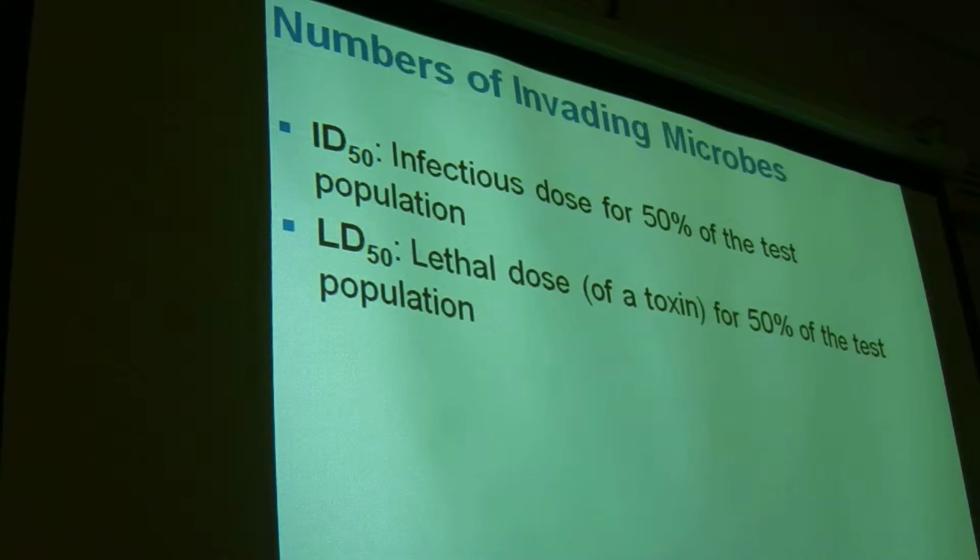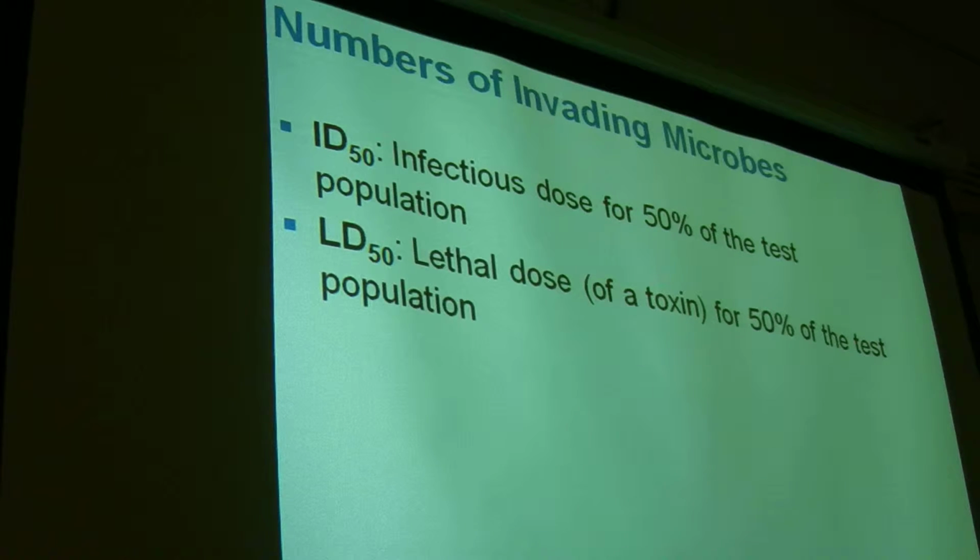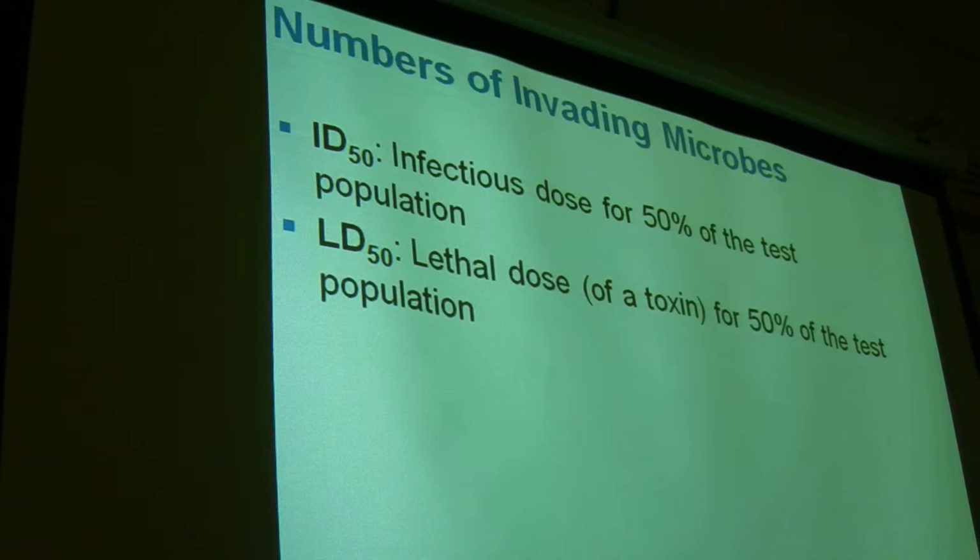So it's usually a concentration of a toxin or a number of cells. LD50 is the same, but instead of just monitoring infection, it monitors death from a particular type of infection. So how much of a bacterial infection does it take for 50% of the population to die from that infection?